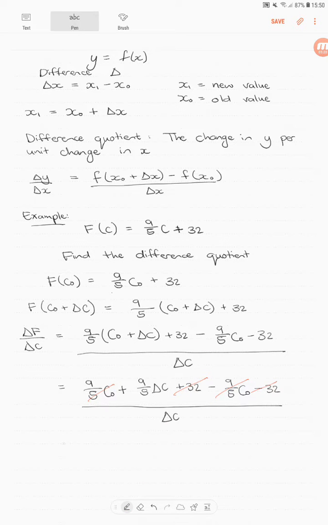So we are left with 9/5 delta C over delta C, and that simplifies to 9/5.